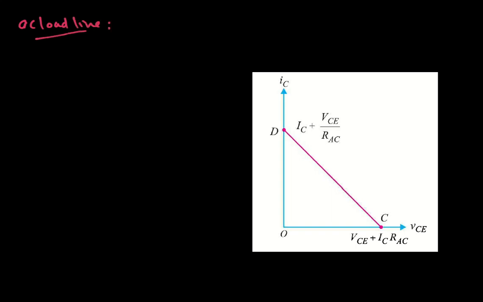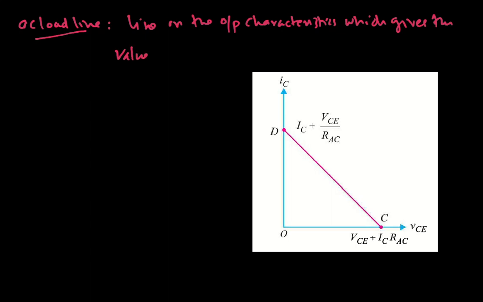So the AC load line is the line on the output characteristics of a transistor circuit, which gives the values of IC and VCE when signal is applied.